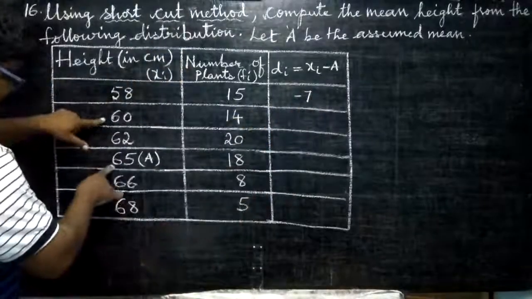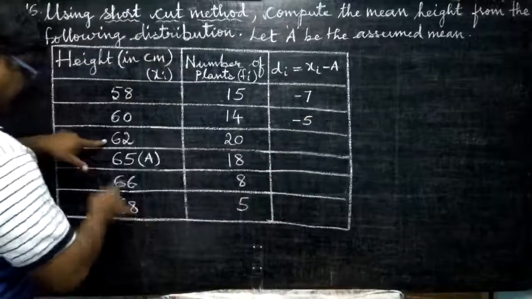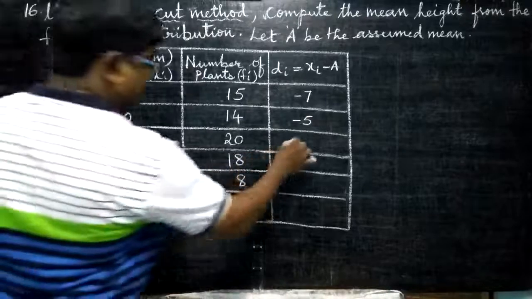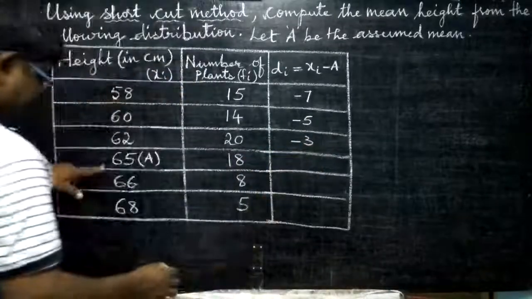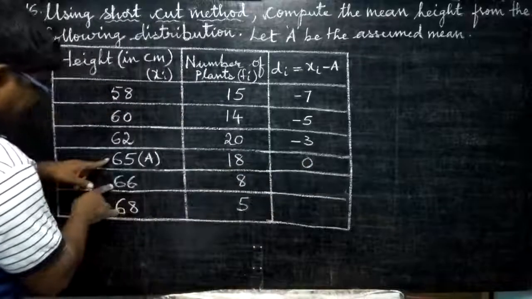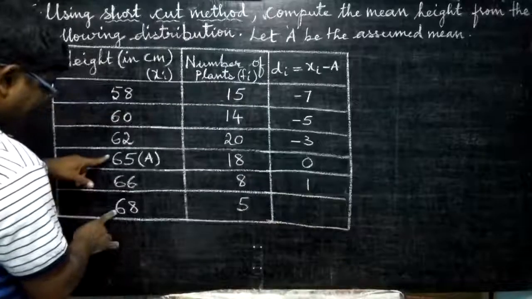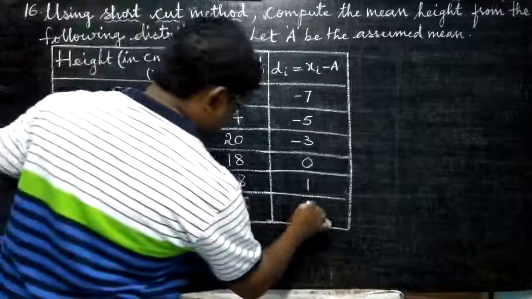Next 60 minus 65 is minus 5. 62 minus 65 is minus 3. 65 minus 65 is 0. 66 minus 65 is 1. 68 minus 65 is 3.